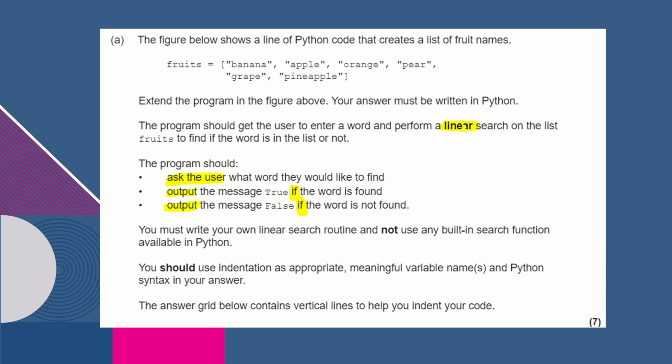When you are doing a linear search, you need to know what exactly a linear search is. What are we doing? We are looking at each element within the array till the end of the array. So you are using a loop over here. It could be a for loop or it could be a while loop. How you use it is up to you.